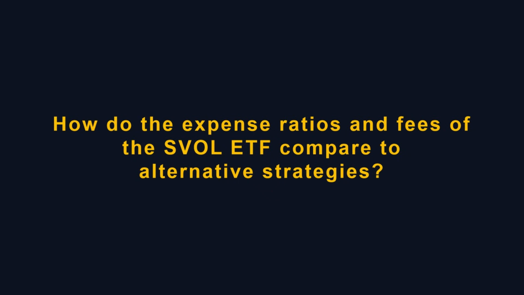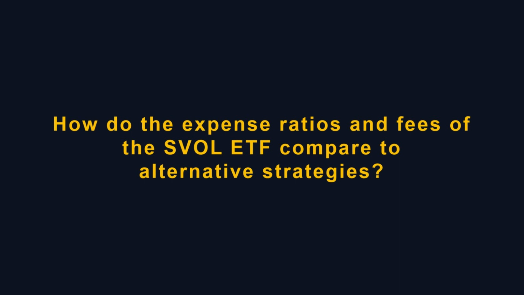This expense ratio is an annual fee deducted from the fund's net asset value, NAV, which reduces overall returns for investors. Alternative strategies. 1. Inverse volatility ETFs. Expense ratios: similar to SVOL, inverse volatility ETFs also have expense ratios that cover their operational costs.